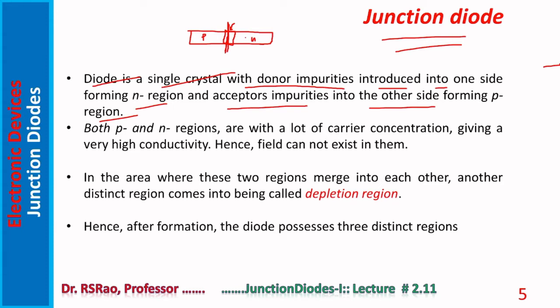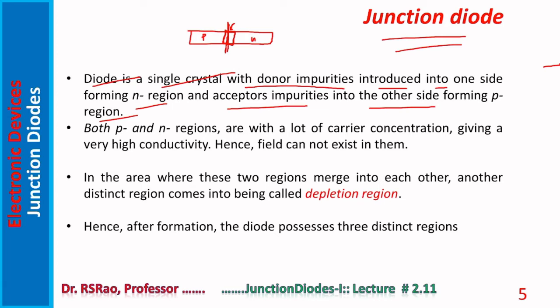So they combine: holes from the P side and electrons from the N side join, resulting in disappearance of both holes and electrons. The region where holes and electrons completely disappear is the junction region.